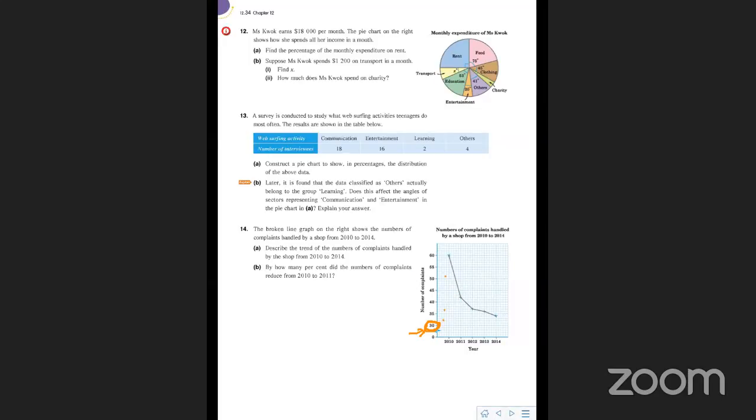Therefore, in this case, we skip part of the values on this axis. And then you need to tell people that you have skipped something. Therefore, you add this symbol. And then you can also look at the next one, or next page, I mean.